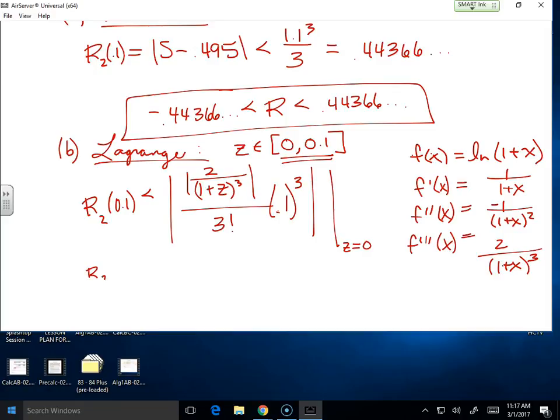So we know that our remainder is going to be less than plugging in 0, that's just going to be 1, 2 over 1 is just going to be 2, 2 over 3 times 2 times 1, 2 over 6 is going to be 1/3. We have 1/3 times 0.1 cubed. 1/10 times 1/10 times 1/10 is 1/1000, right? 1/3 times 1/1000.